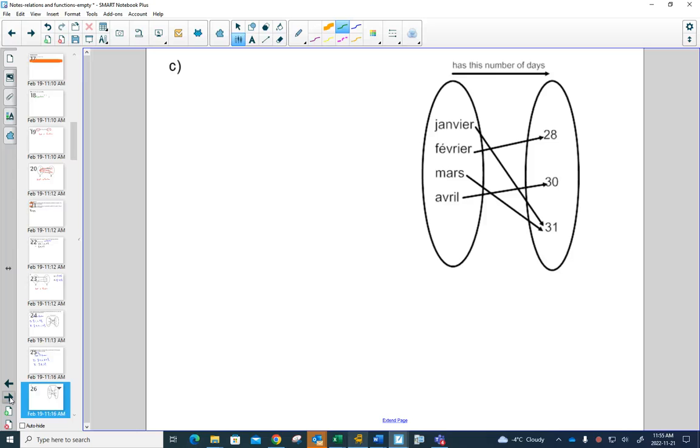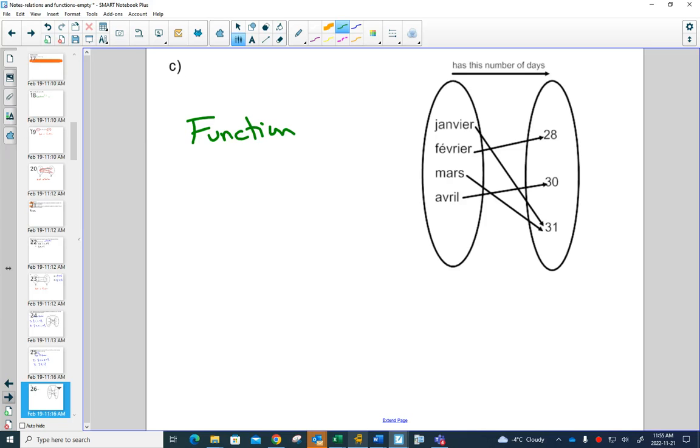Function or not? Yes. In reality, though, is it really a function? If we actually think about months, is it ever possible that a month has a different amount of days? Never.